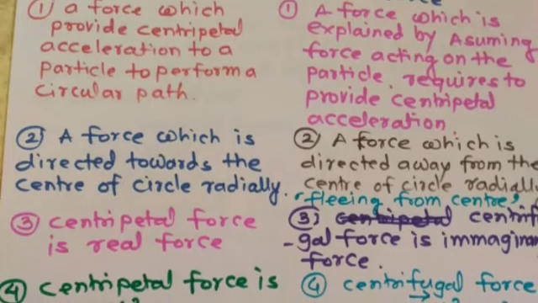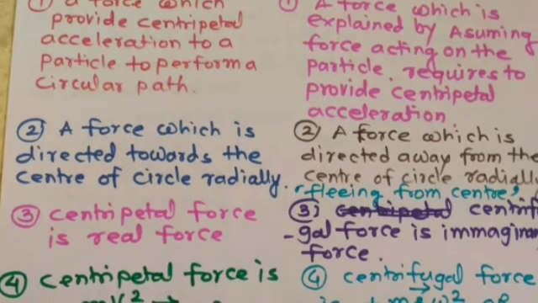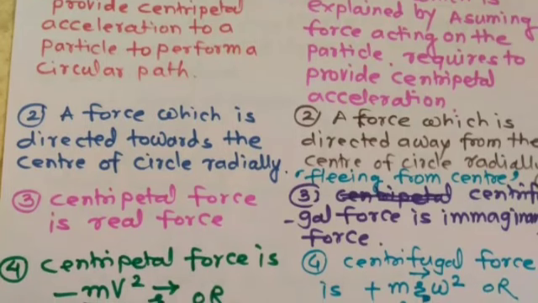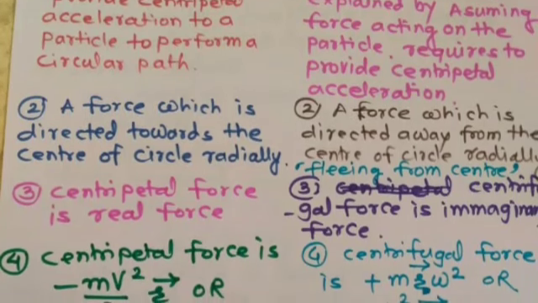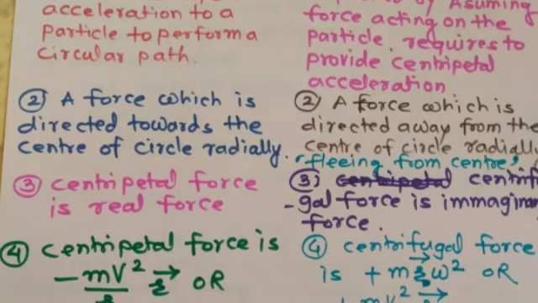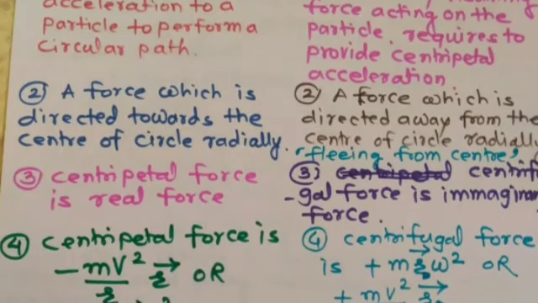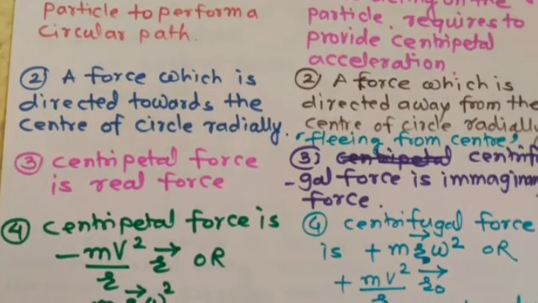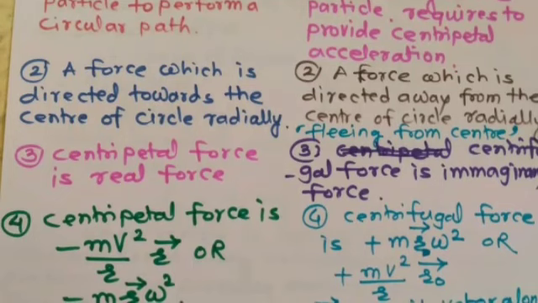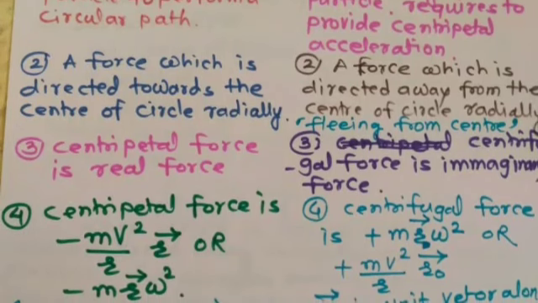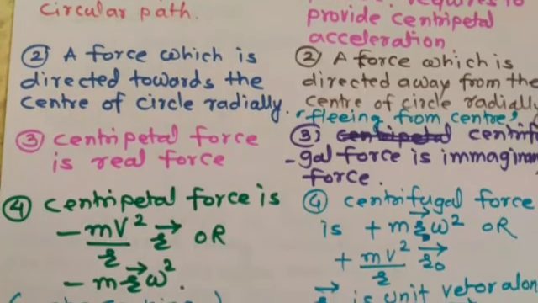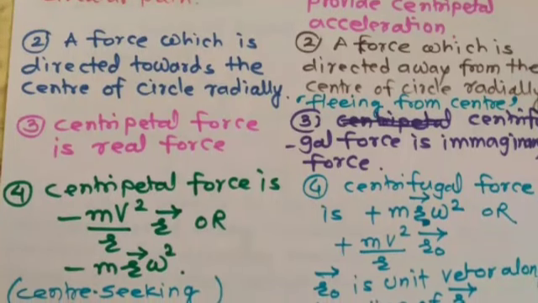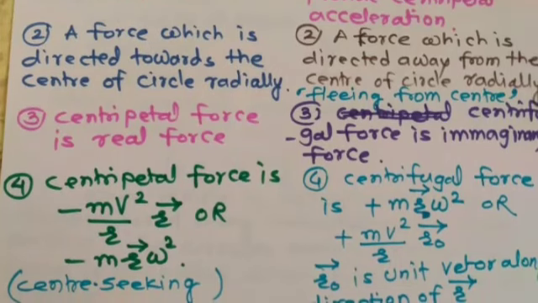Second, centripetal force is directed towards the center of the circle radially. Centrifugal force is directed away from the center of the circle radially, means fleeing from the center. Third point, centripetal force is a real force, whereas centrifugal force is an imaginary force.